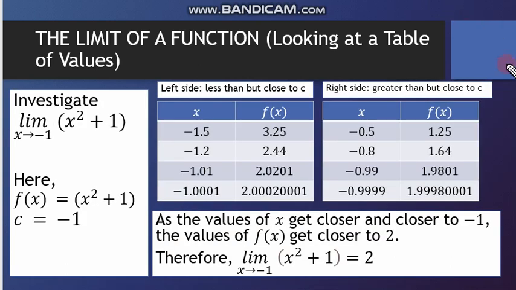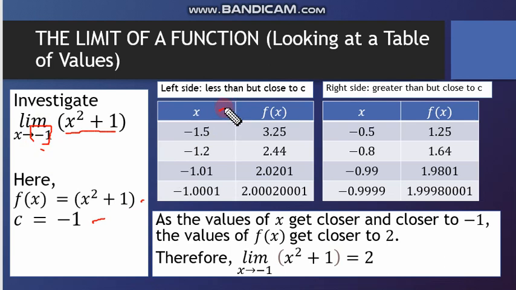For another example, we will investigate the limit of x squared plus 1 as x approaches negative 1. So here, the f of x is x squared plus 1 and the value of c is negative 1. In the same process, we will construct a table of values on the left side and the right side.